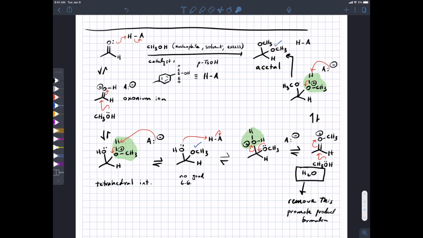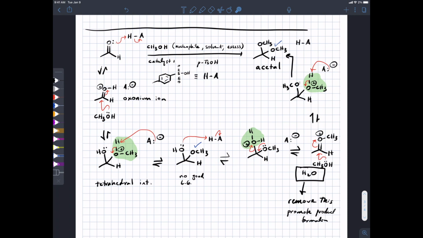Okay. Yeah. Is there a practical reason in real life why you would make acetals? Yes. So the acetal itself is very stable to bases and nucleophiles. These two methoxy groups are terrible leaving groups, and they also don't have acidic protons on them.